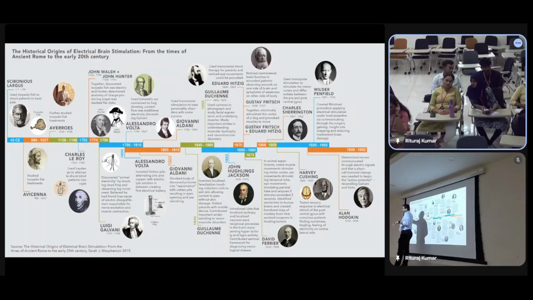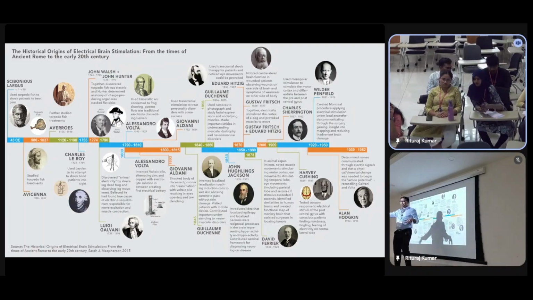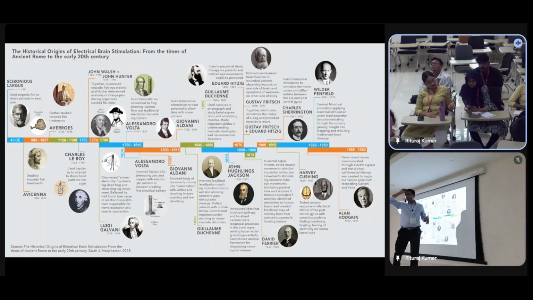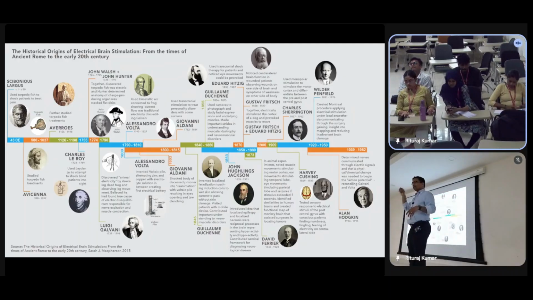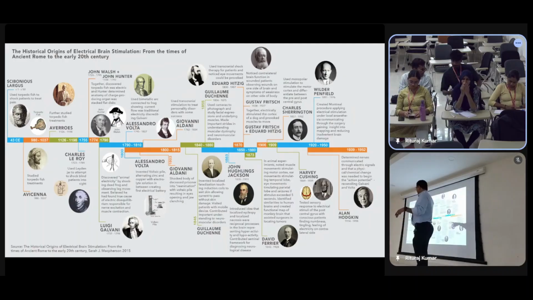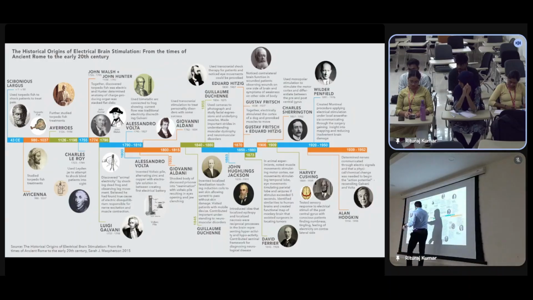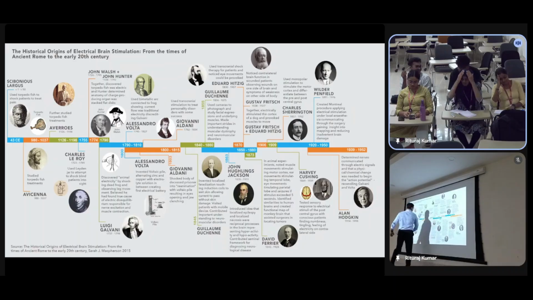since BC, Greek times, when they were using this torpedo fish, which gives a small electric current. They used to put it on their head to relieve their headaches. Okay, so that is nothing but a kind of brain stimulation. And there were different people, but the most notable one is, where is Galvani?